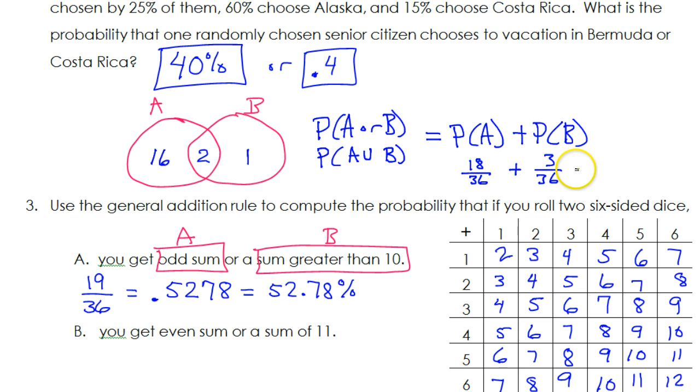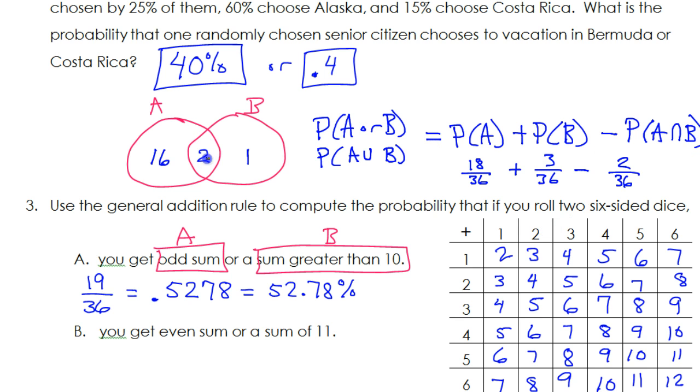So you can compensate by subtracting the extra overlapping part. In other words, subtract the intersection, A intersection B. In this case, we will subtract the overlapping part, which was 2 over 36.